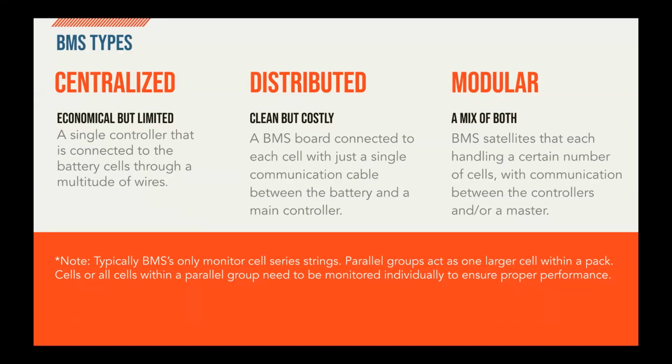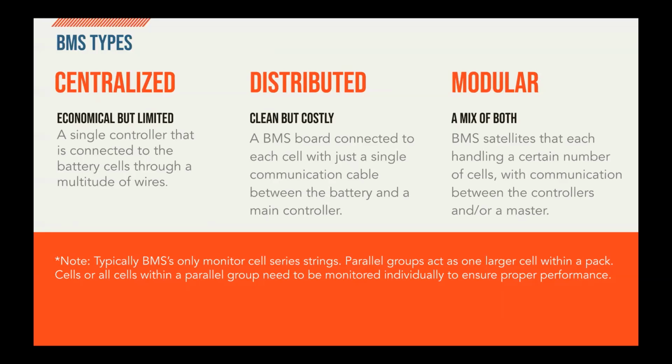And then there's distributed, which sometimes in certain variations could also be called decentralized. But distributed is a cleaner but much more expensive way to integrate a BMS, where every cell or cell series string has a BMS board connected to it.